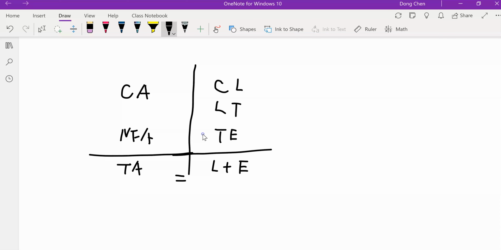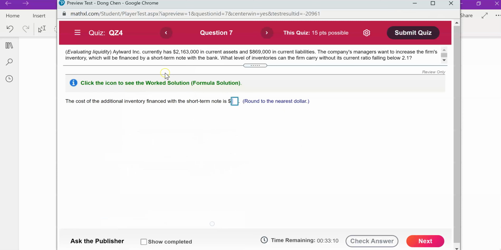So basically, the setup here is that we know the current assets and we know the current liabilities. And our goal is to make the current ratio not fall below 2.1. If you look at the answer, the blank is asking for a specific amount of inventory which meets this requirement.